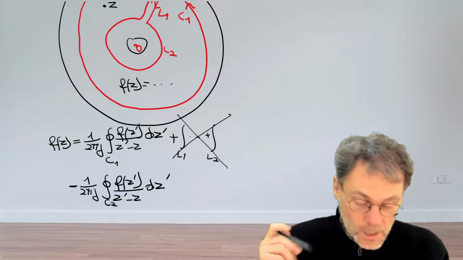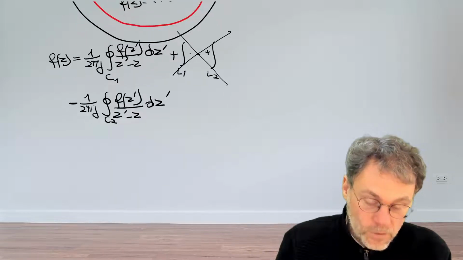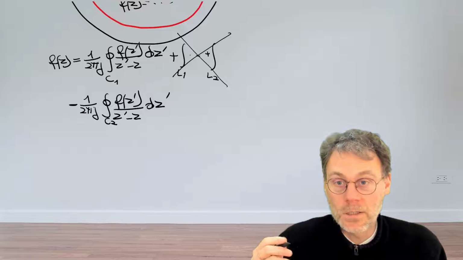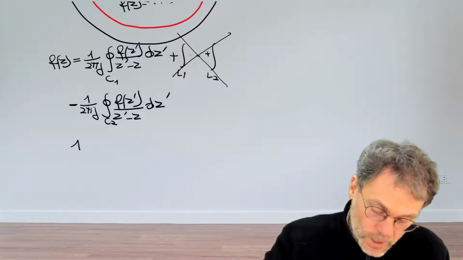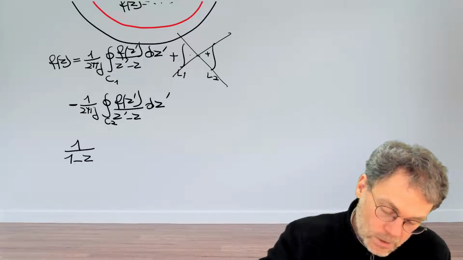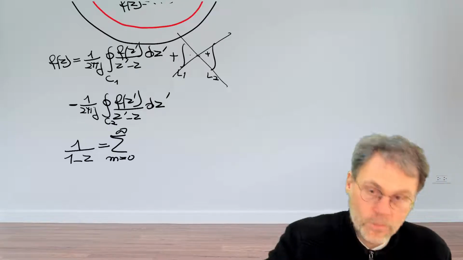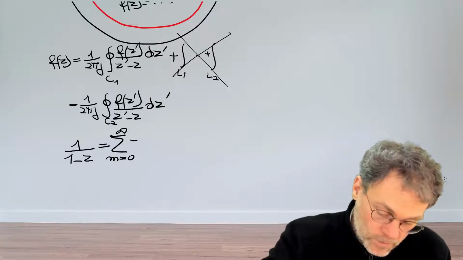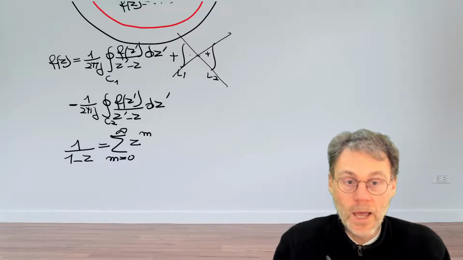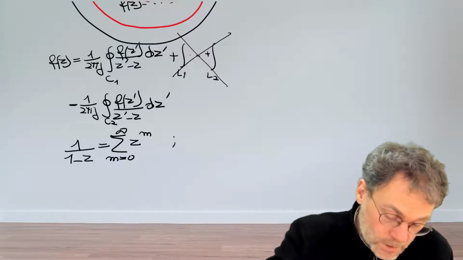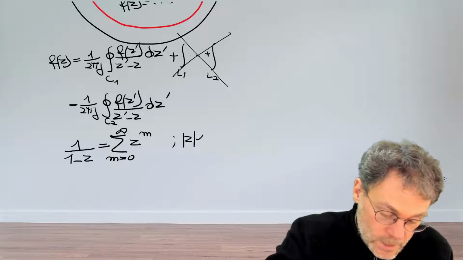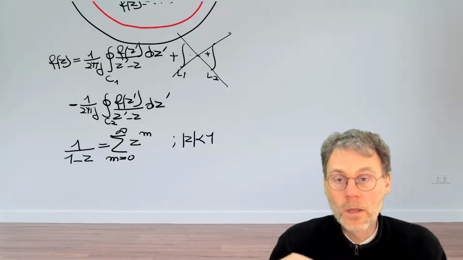Well, the trick is to make use of a pre-existing series expansion, which is the following: 1 over 1 minus z is equal to the sum of m going from 0 to infinity of z to the power of m, provided that the magnitude of z is smaller than 1.